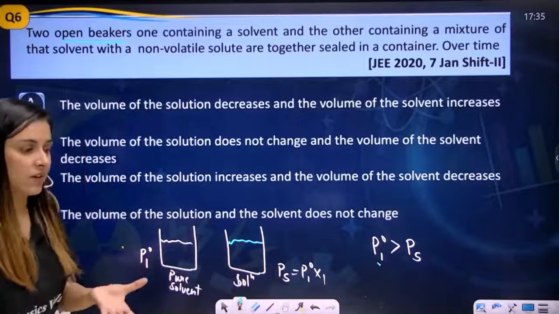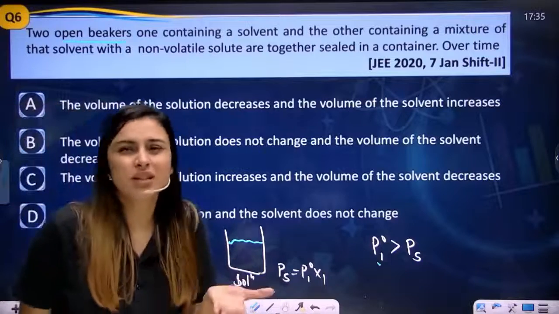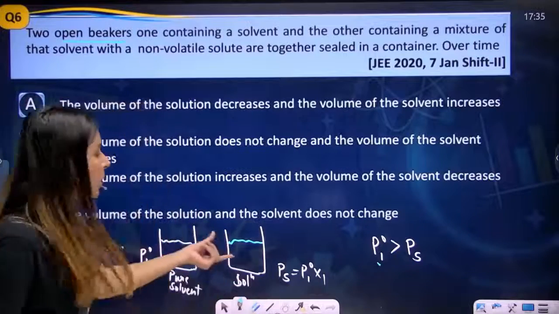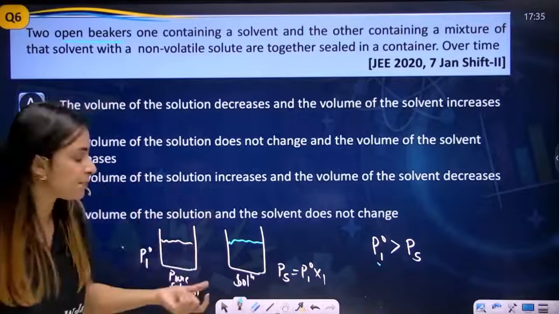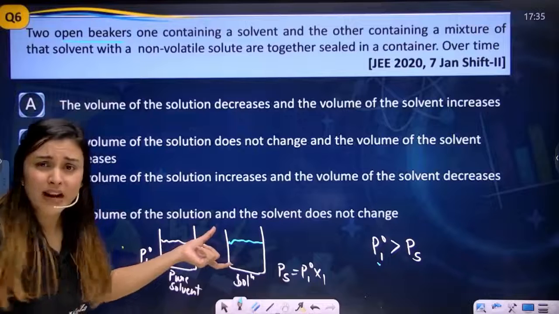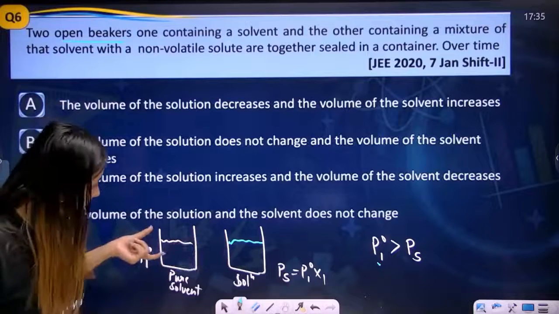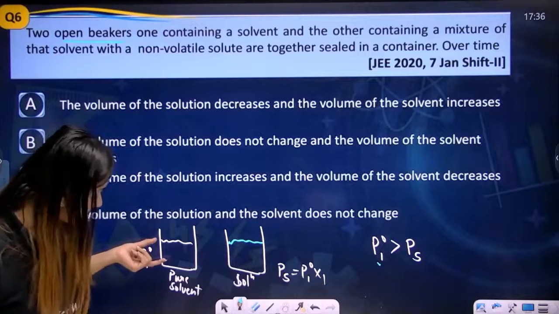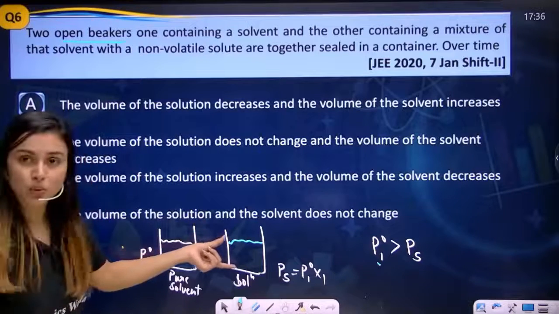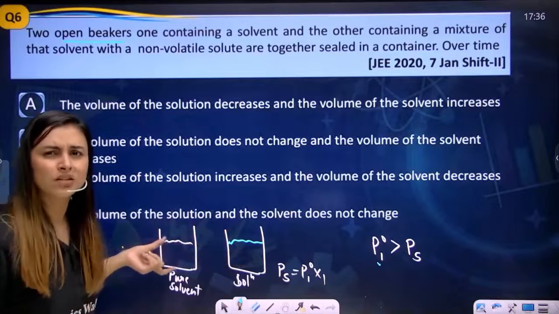This means we can say that the volume of the solution is kind of increasing. It is not actually increasing, but you have to answer accordingly. Because more particles go into the vapor phase in the solvent, its volume decreases more. So this will have more volume and this will have less volume.